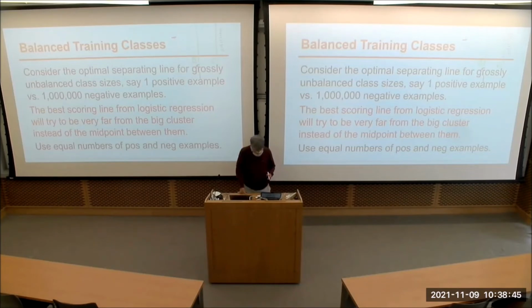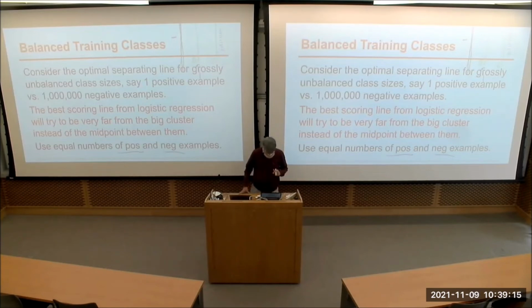If it's unbalanced, the line is going to try to get as far as it can from the main body of the examples. And I don't think that is really what we want. How do we fix that? The best way to fix it is by having an equal number of positive and negative training examples. And then it tries to put the line in the middle of them.